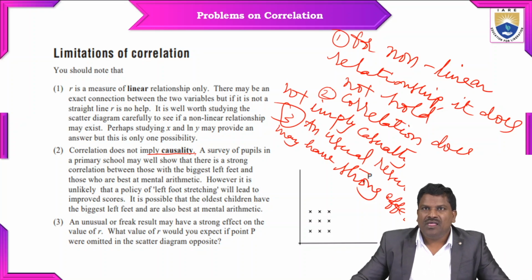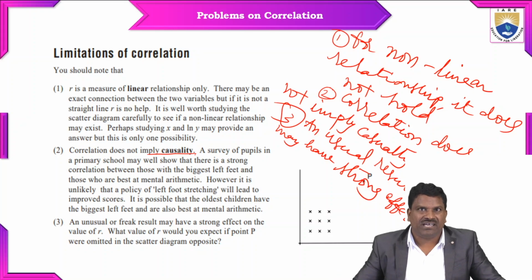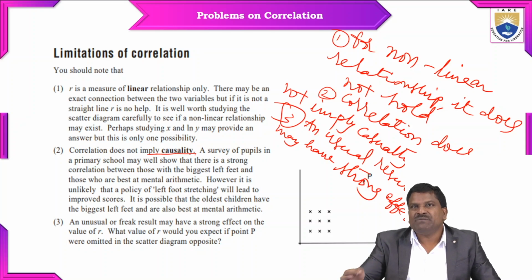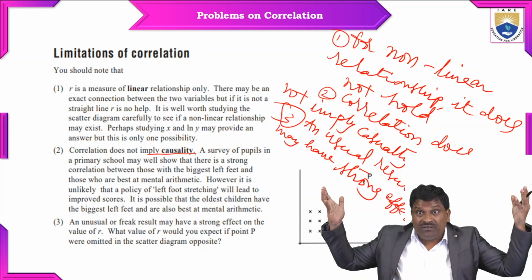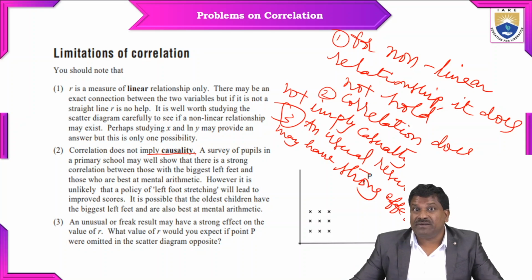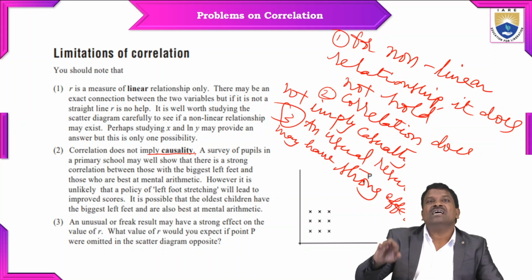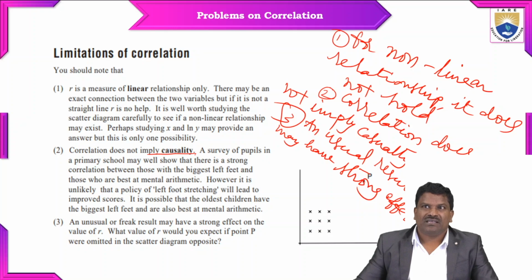And the third drawback is that an unusual result may have a strong effect. Perhaps it may be a very silly thing, but while we are calculating the relationship, it may give a very strong effect, so sometimes it may not match the actual situation. So these are the three shortcomings of rank correlation.